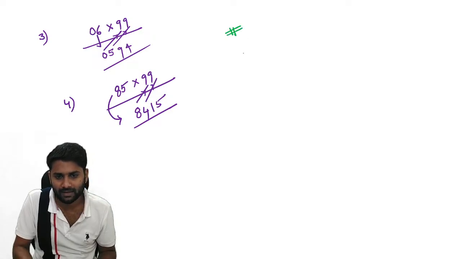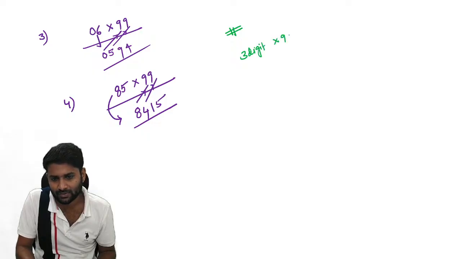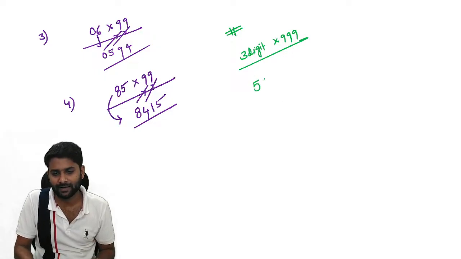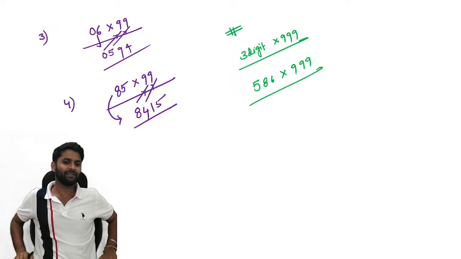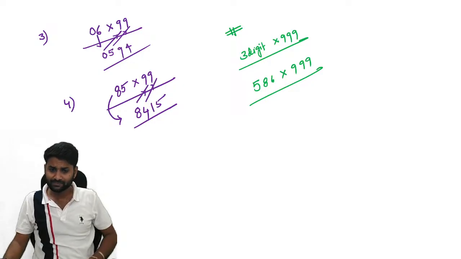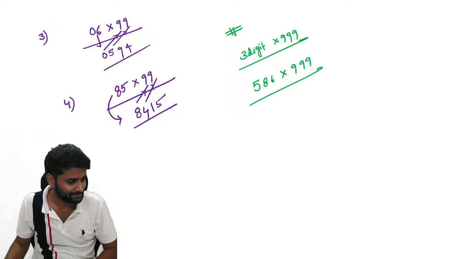The same way, let's consider any three-digit number multiplied with 999. Let us consider 586 multiplied with 999. Now try this question. If any three-digit number is multiplied with 999.